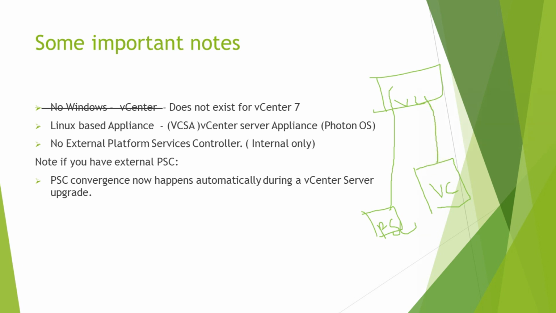So when you're upgrading from version 6 to here, your PSC will be automatically converged and it will come here. I'm not very good at writing here like that. Assuming this is 6.7, and this is the 6.7 PSC, or even if you have 6.5, it doesn't matter. As soon as you upgrade, it will converge it, and it will make it PSC again. Okay, so that makes sense.